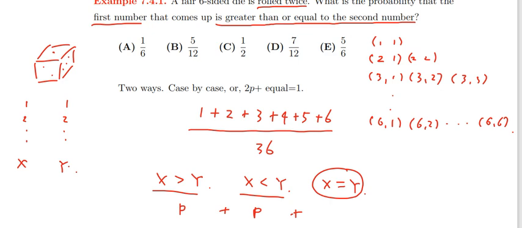We have only 6 such cases, so 6 over 36, which equals 1 over 6.